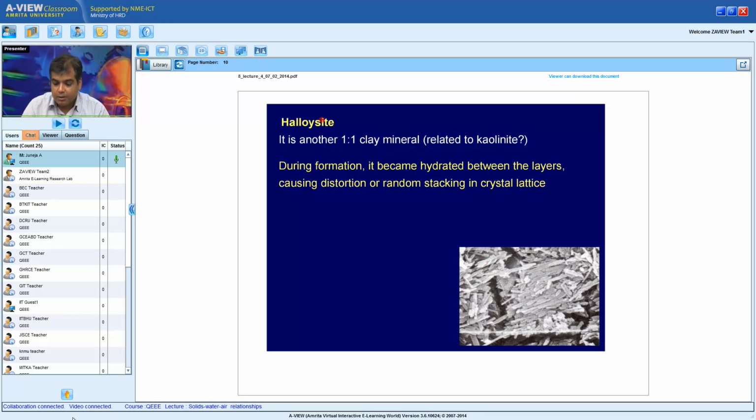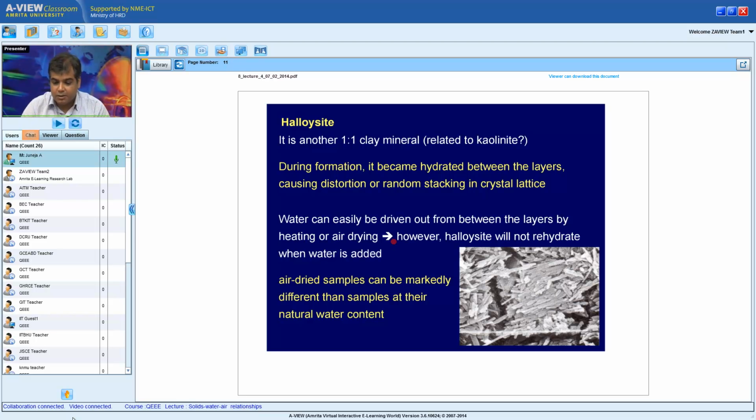These needles are formed because during formation of this clay mineral, water seemed to enter in between the 1:1. So I have one tetrahedral, one octahedral, and one tetrahedral, one octahedral coming from the top, but in between I have water coming into the picture. So water came into the picture during the formation of the clay mineral, that's halloysite.